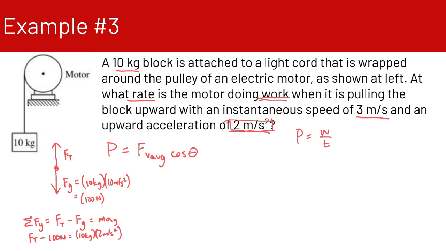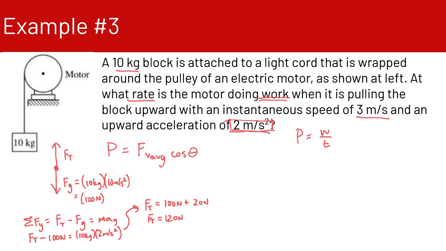So the tension force is equal to, if we move the 100 newtons to the right side of the equation, 100 newtons plus 10 kilograms times 2 meters per second squared, which gives us another 20 newtons. So our tension force then is 120 newtons.